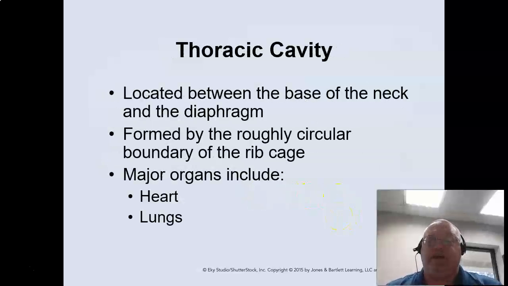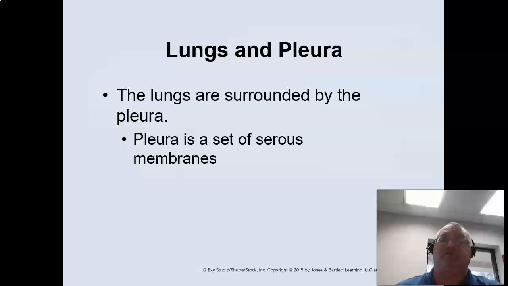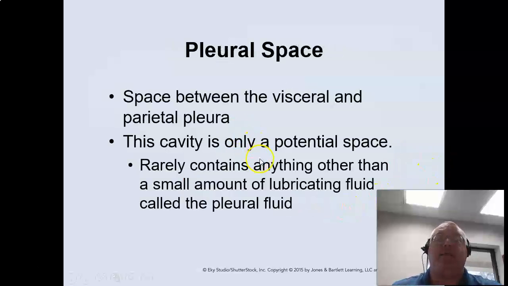Your thoracic cavity, again, is the base of the neck down to the diaphragm, and its circular boundary is the rib cage. If you can think of what's inside the rib cage, that's pretty much your thoracic cavity. And again, it holds your major organs, which are your heart and lungs. And then remember that the lungs are surrounded by a pleura. For that matter, the cardiac muscle is surrounded by a two-layer sac as well, the pericardial sac.